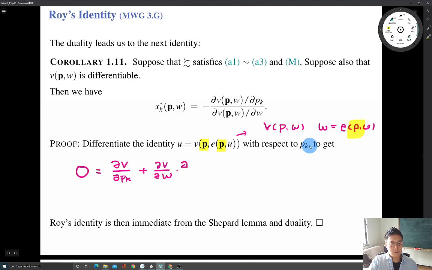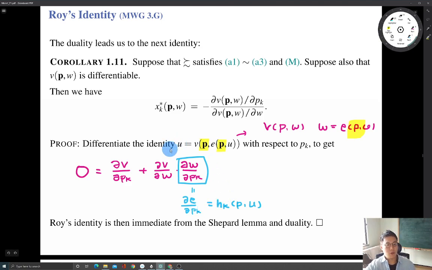So p sub k, but this can be written as the derivative of e with respect to p sub k, because w is given by this function e. Okay? And by Shephard's lemma, we know that this is a Hicksian demand for good k, h sub k of p comma u.